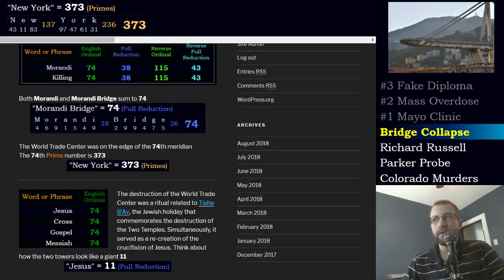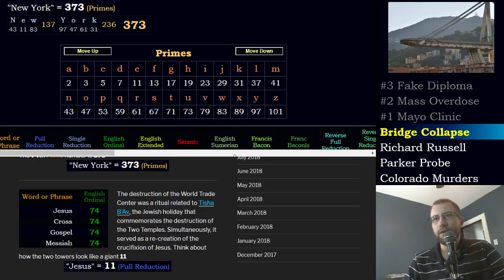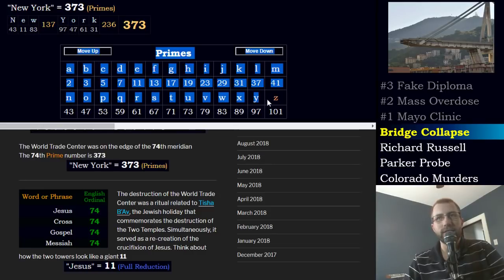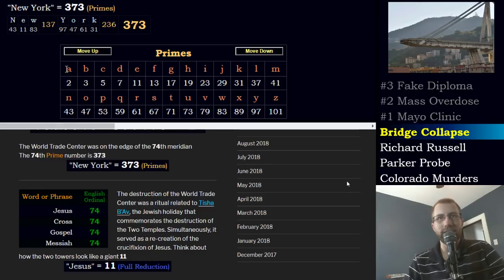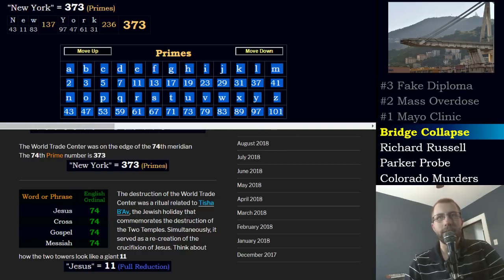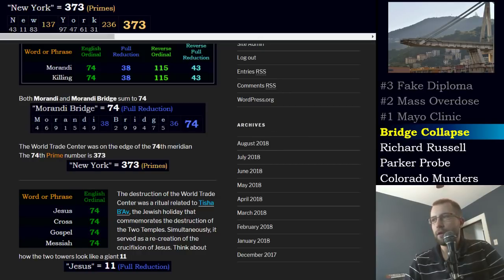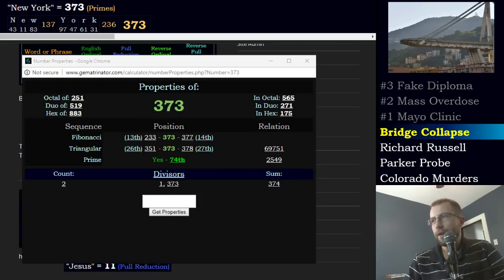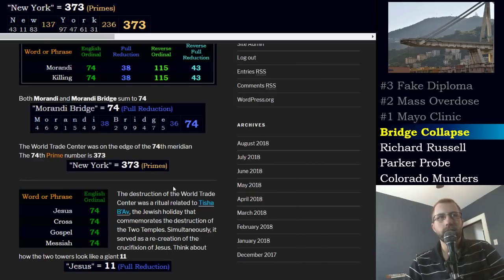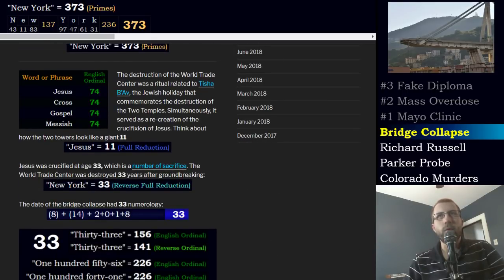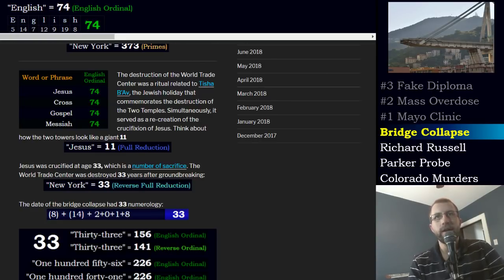New York, using the prime number cipher, this cipher, very basic, uses the alphabetic order 1 through 26, but uses associated prime numbers. Well, 373 is the 74th prime number. And 74, of course, is a number that is so significant to this code.